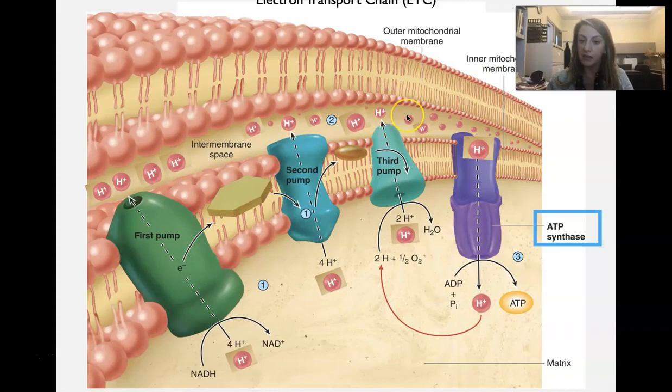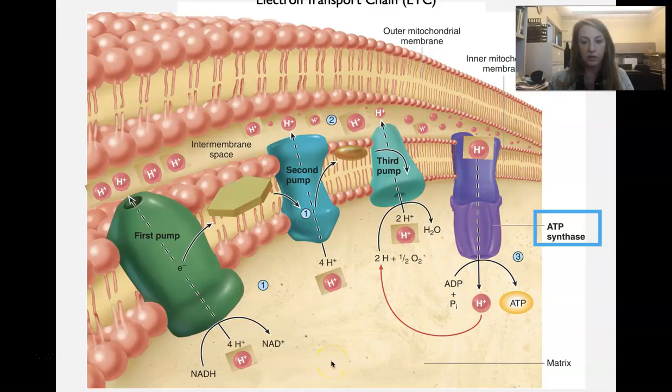And then the only way these things can diffuse back into the matrix is through the ATP synthase. So the pumps create the concentration gradient, and then as the hydrogen ions travel back into the matrix, they spin the ATP synthase. It's a literal spinning of this enzyme that creates ATP.